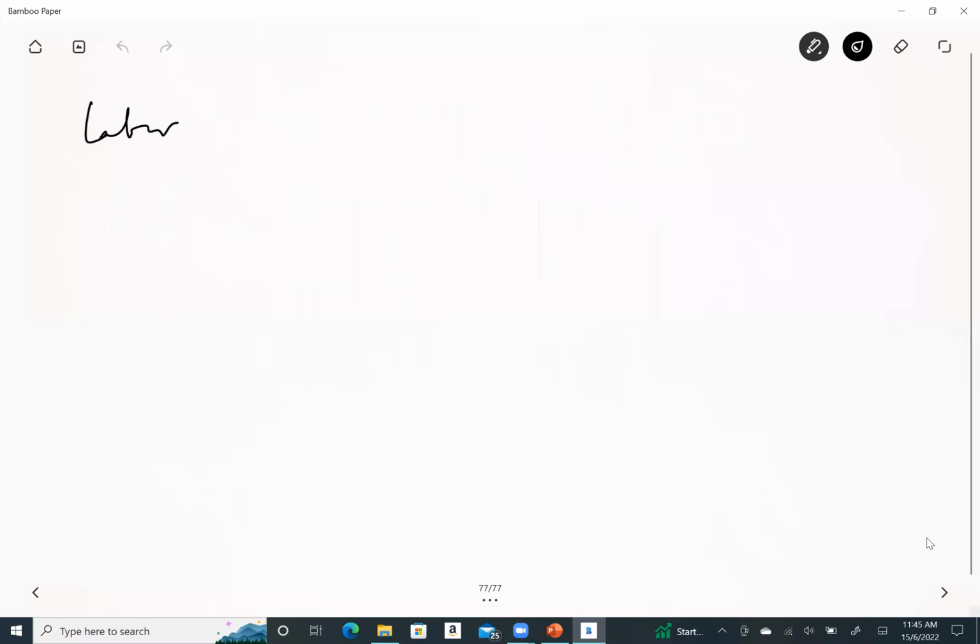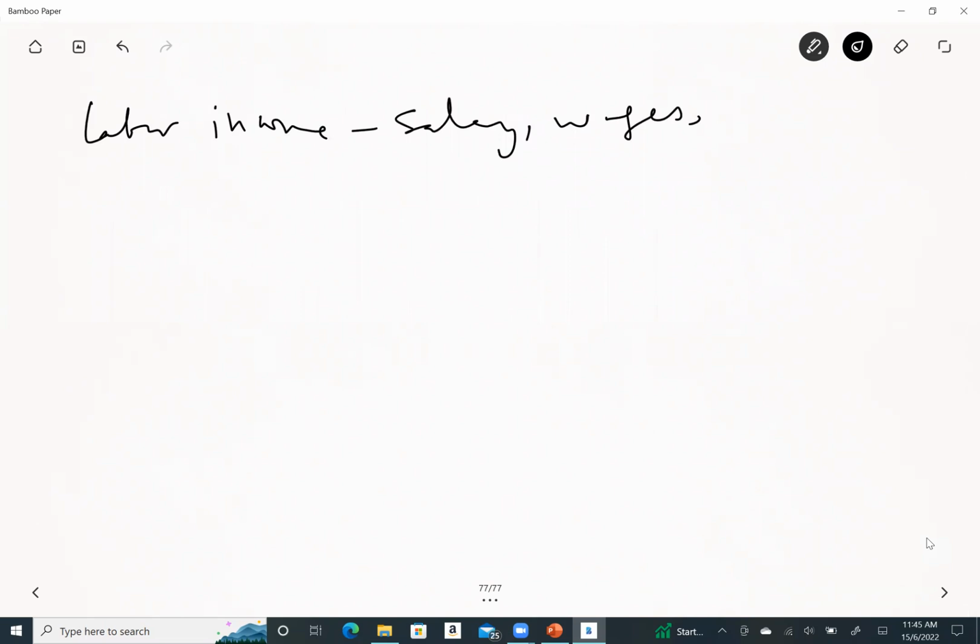But it also includes, so I put here labor income: salary, wages, and then you have benefit. There are some jobs that give benefits. For example, they give you housing benefit. Okay, so this kind of benefit, or they give you health benefit.